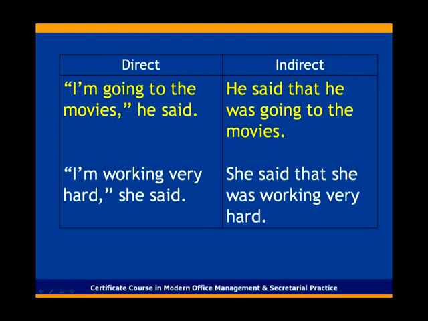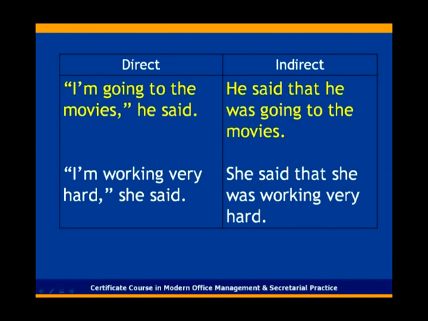Let's take a look at how we can present the same idea in both kinds of speech. Pay close attention to the way the meaning of the two sentences remain the same even though one is in direct speech while the other is in indirect speech.